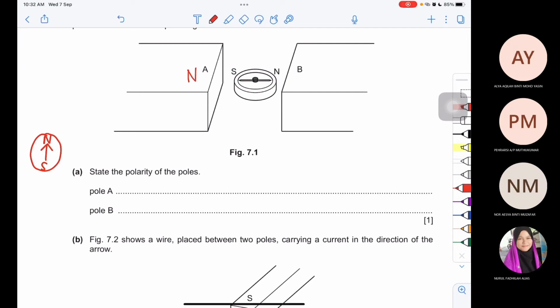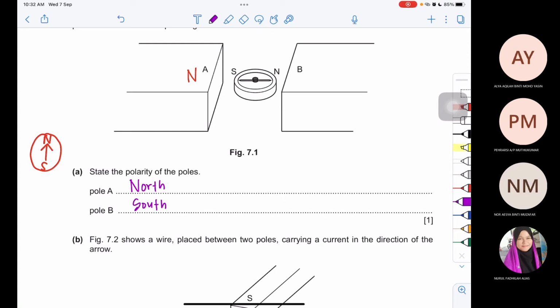So here is the north. So A is north and B is south.